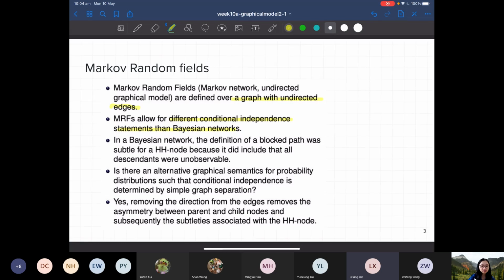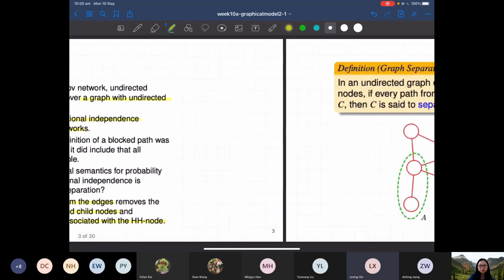So the intuition for this is that in a Bayes net, as we saw, the conditional independence property for the head-head node pattern is subtle because, right, of these descendant relationships. So removing the direction from the edges removes the asymmetry between parent and child nodes. So we can call either node at the end of an edge parent or child, and this removes the subtleties associated with the head-head node, as we will see.